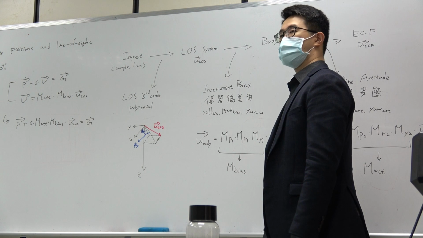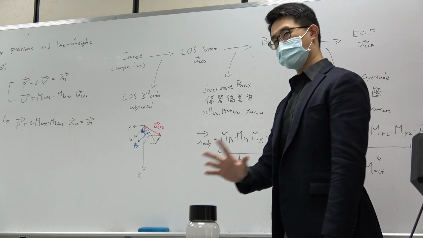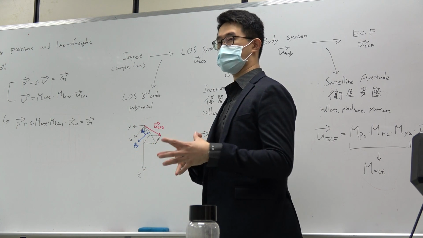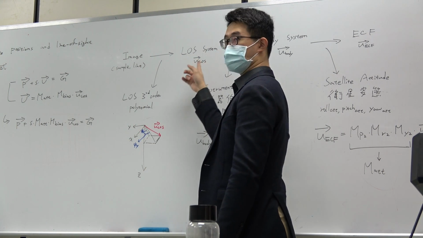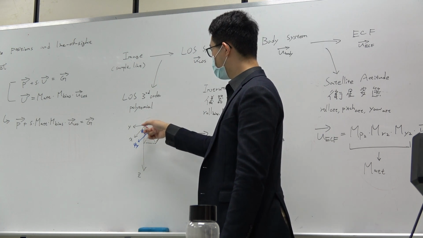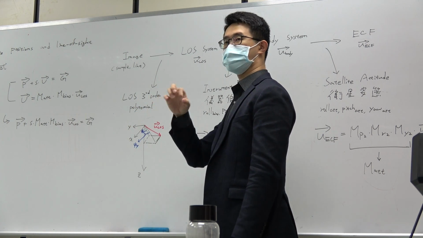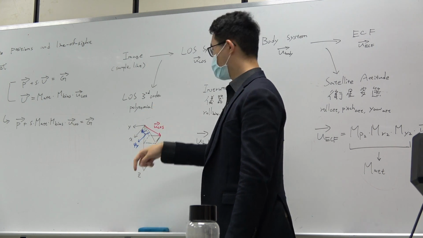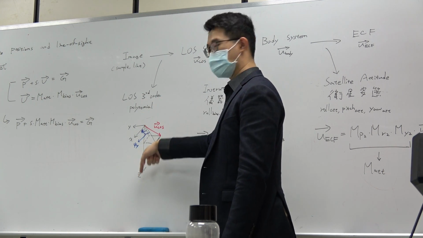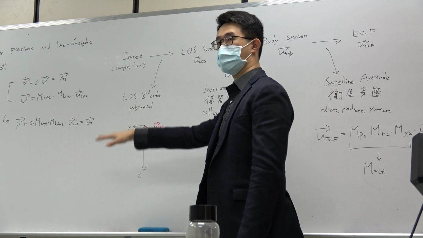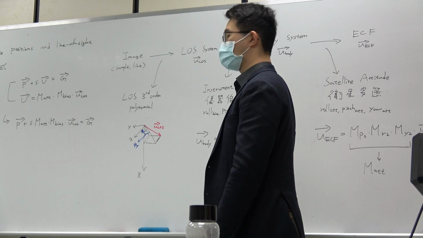Okay, so imagine right now this vector is in the space of the line of sight system, and this line of sight coordinate system uses the perspective center as the origin, with z as the camera axis, and x and y coordinate system for the image space.